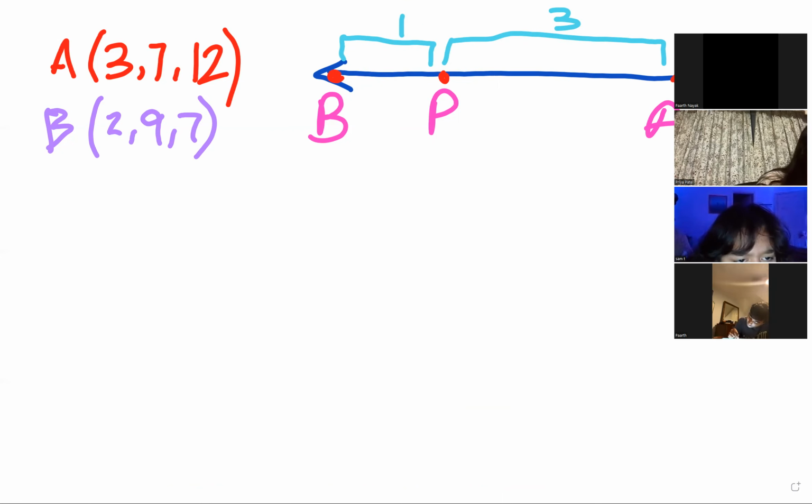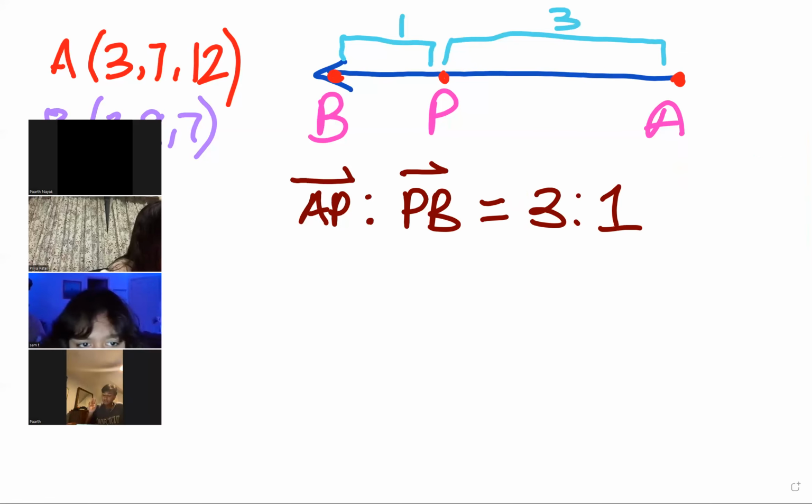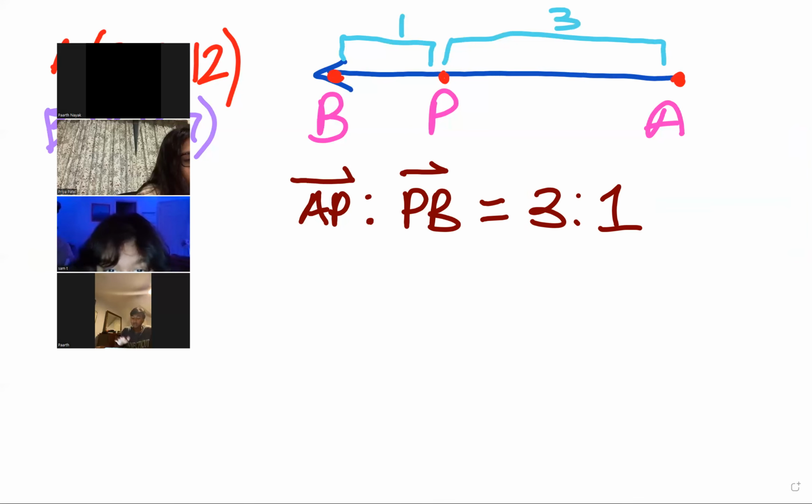So we have AP to PB equals 3 to 1. So I think just establishing that ratio itself is very helpful in terms of understanding the question in general. So now that you have that ready, you can establish a relationship for the way you have to solve this problem.